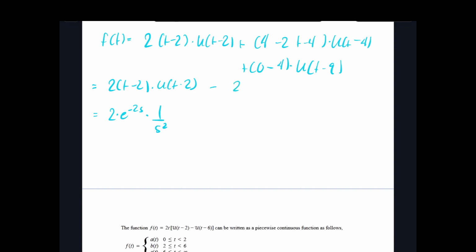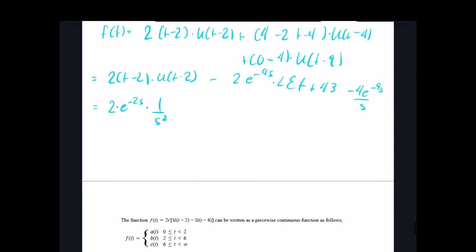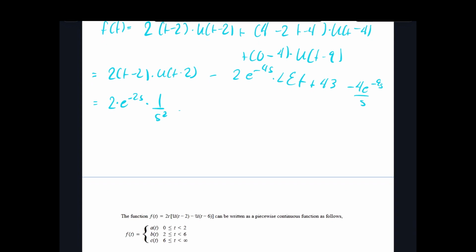And then continuing on, minus 2e to the negative 4s times the Laplace of t plus 4, minus 4e to the negative 9s over s. And this second one, we get 2e to negative 4s times 1 over s squared plus 4 over s. And this gets brought down. And that is correct.